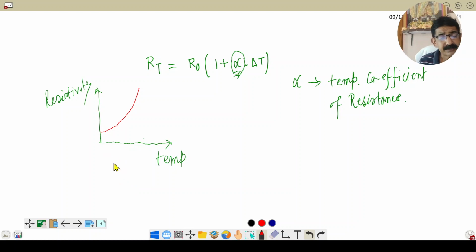This is rho naught at temperature T equal to 0, and when temperature increases, it increases. And this particular graph is for copper.